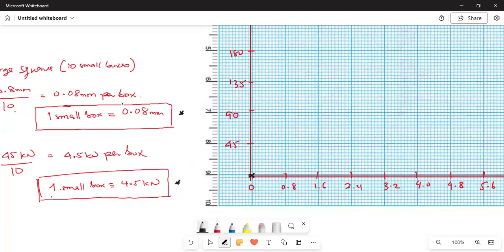If you want to get the extension, take the value there and divide by 0.08. Okay? So in this case, for the extension.